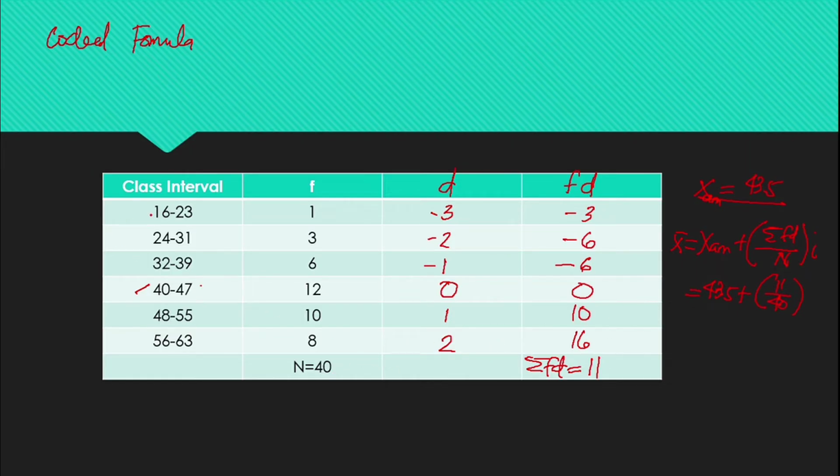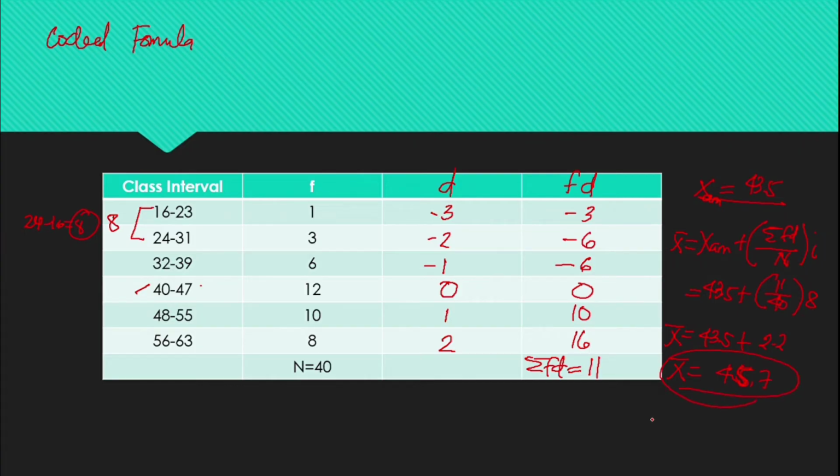The interval of this one is 8. So we have 24 minus 16, we have 8. So the interval is 8. Okay, so the mean is 43.5 plus 11 times 8 divided by 40, we have 2.2. So therefore the mean is 45.7. So the mean is 45.7.